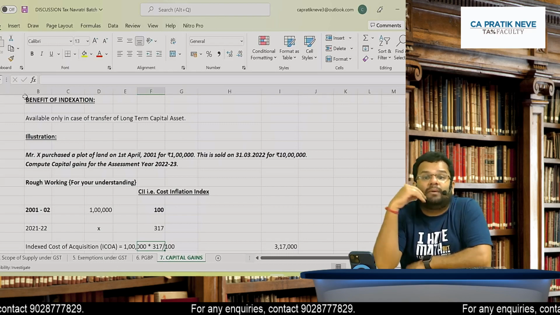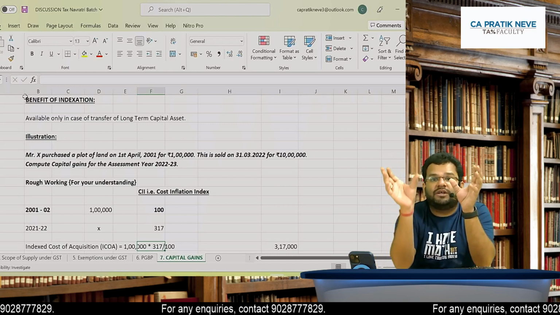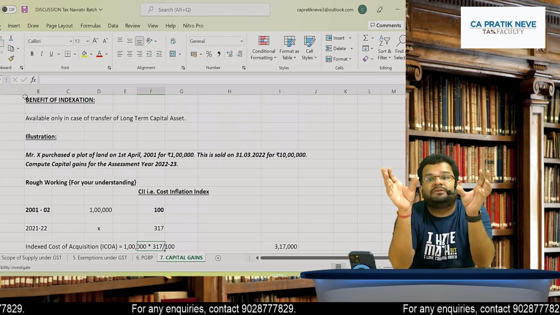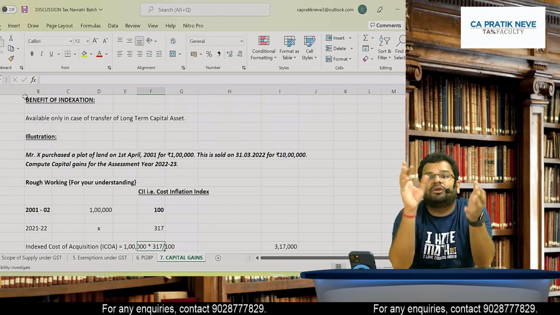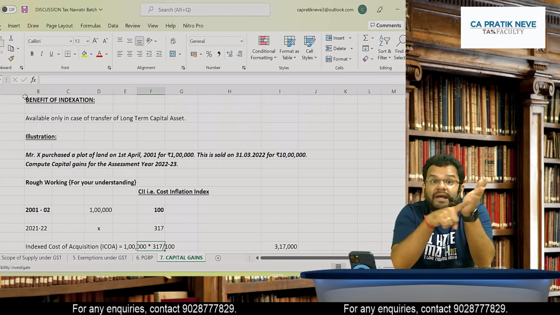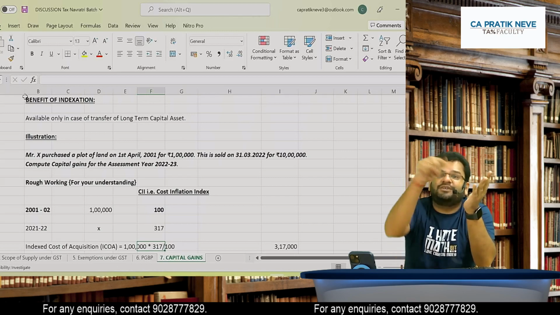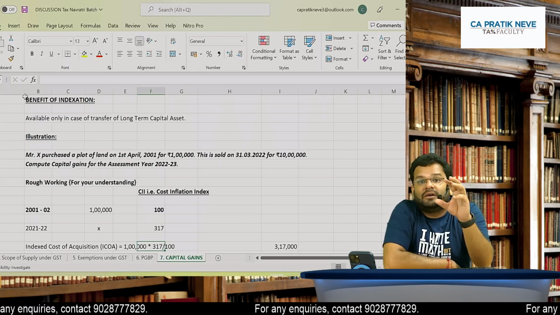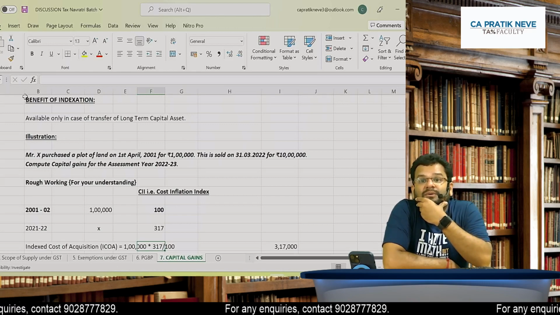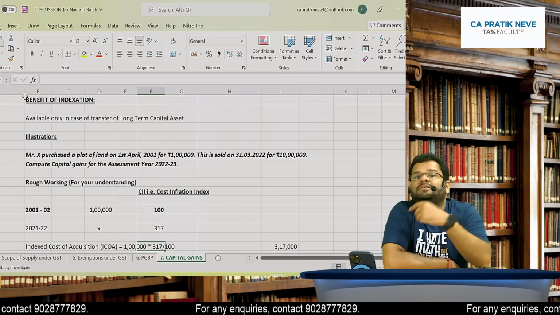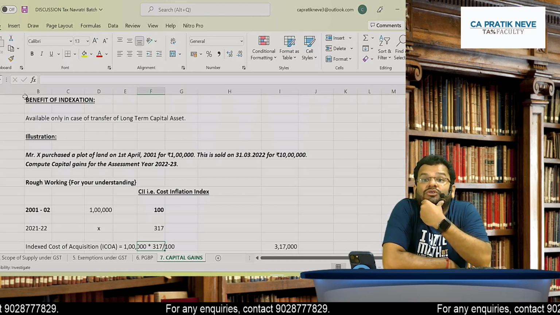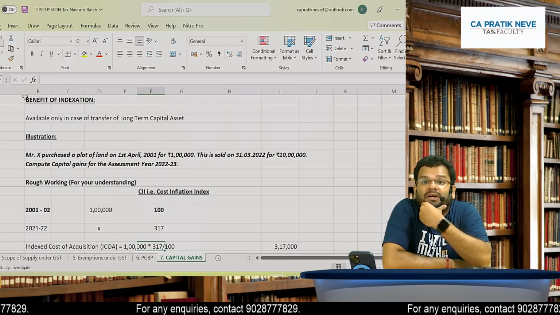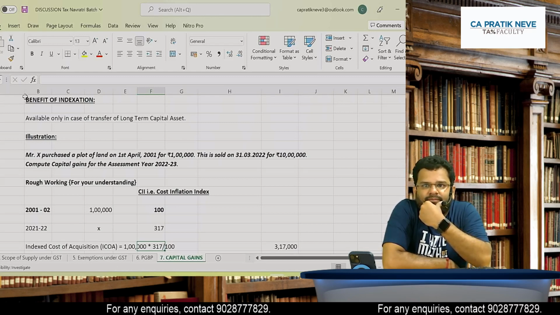How will you bifurcate what is inflation amount and what is capital appreciation amount? So what you do is you inflate your purchase cost. Why inflate your purchase cost? Do you remember? Of course, you have an exam in some days, you know this. You know CII, Cost Inflation Index.